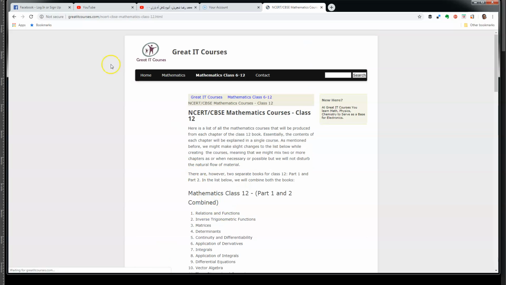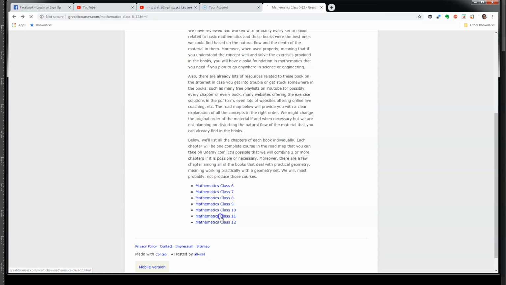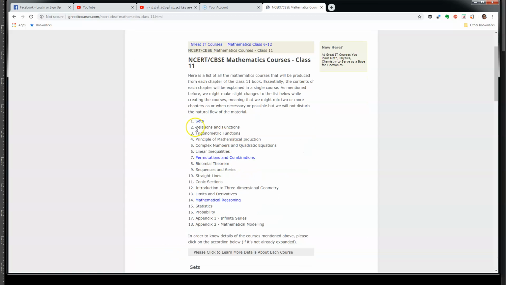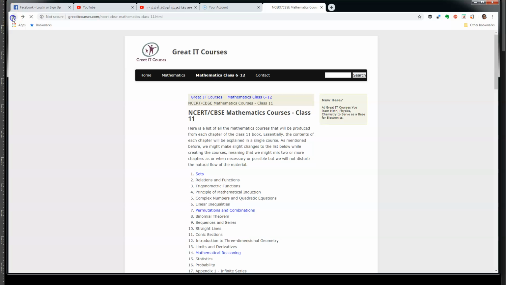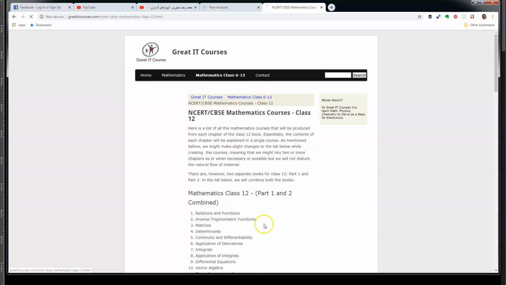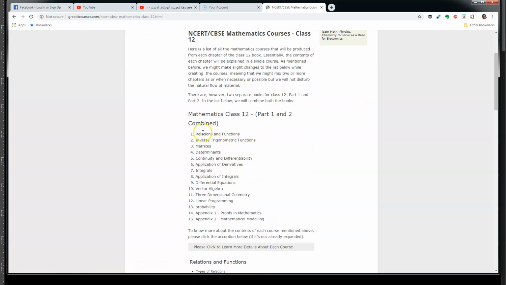And if you go to class 11, in class 11 we had relations and functions, and then on top of that in class 12 we built also the relations and functions in chapter 1 of class 12 part 1.